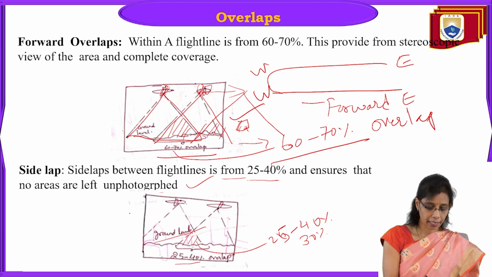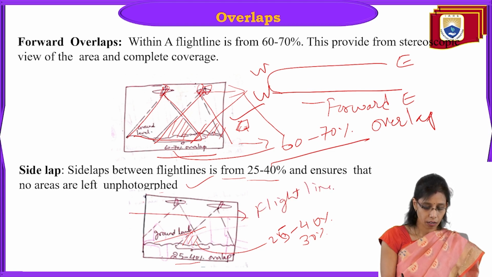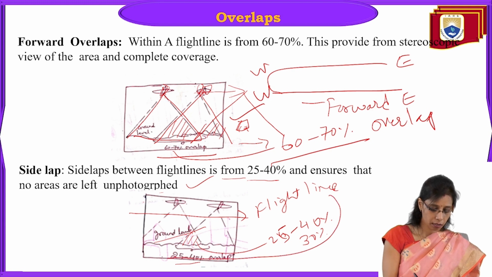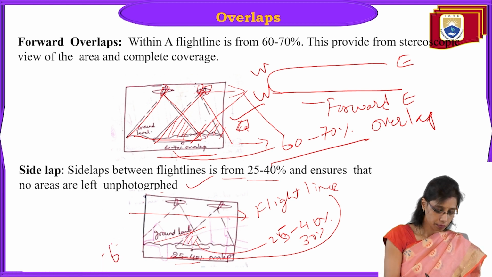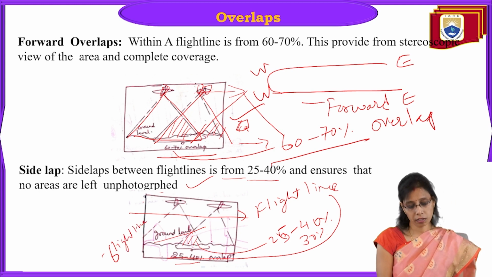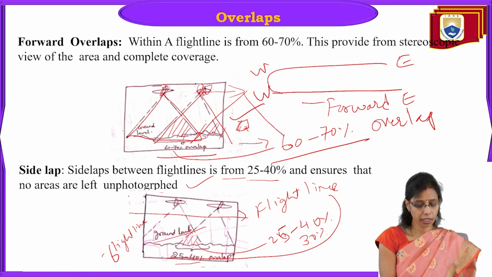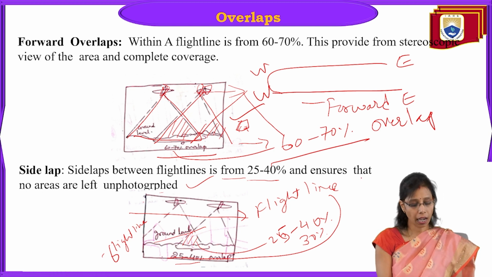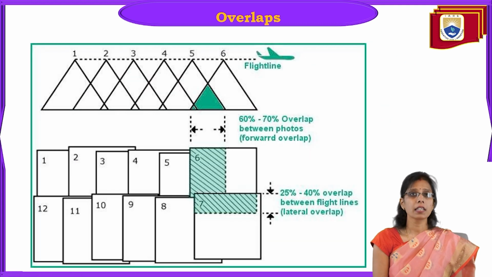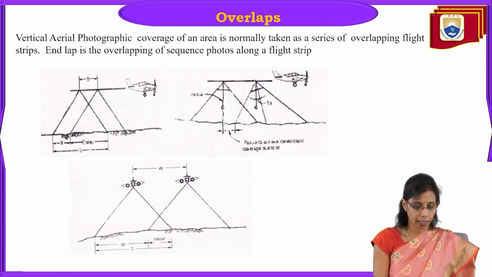This is one flight line direction, and the other one is this flight line direction. This is how it captures the overlapping area, ensuring that no areas are left unphotographed. I think on this image you will understand it better.